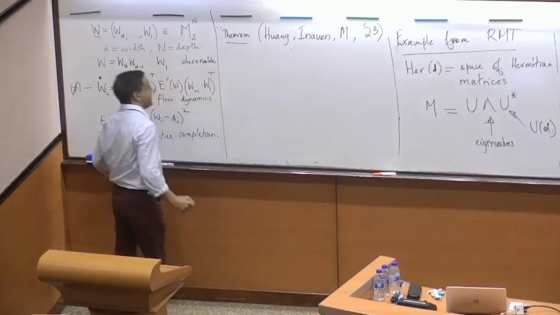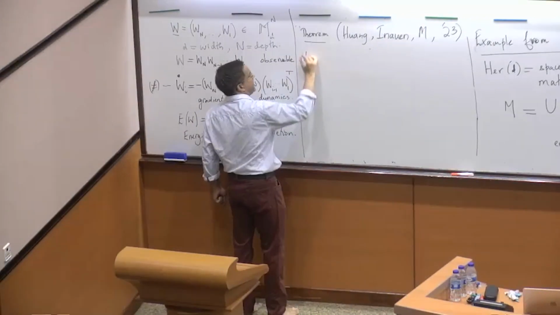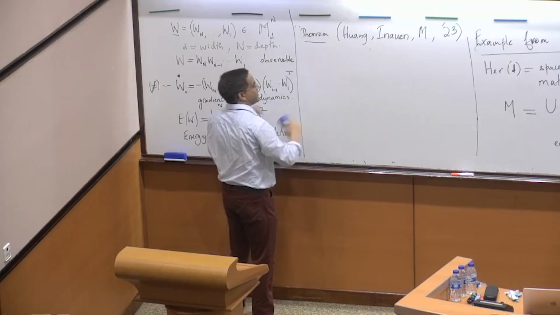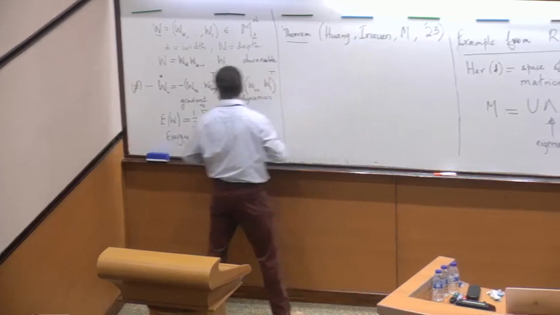And so the theorem is that the eigenvalues, so assume, you need a little bit of bells and whistles, you need beta greater than 1 so that you don't have a blow-up time, et cetera.